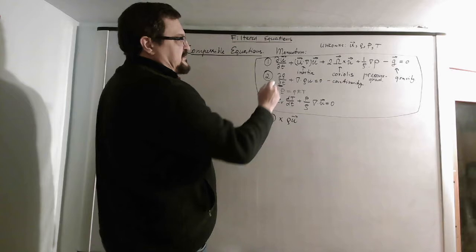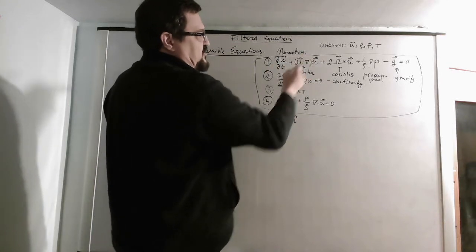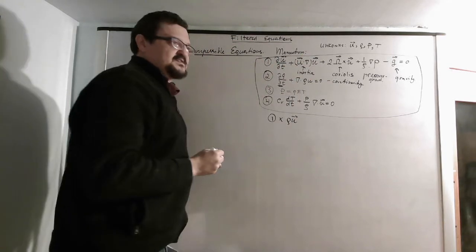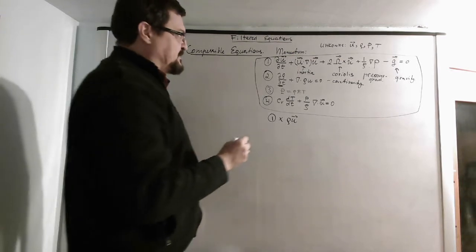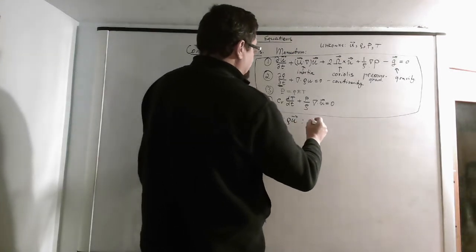And it's easiest to get rid of this term by writing the equation in the so-called vector invariant form, which looks like the following.